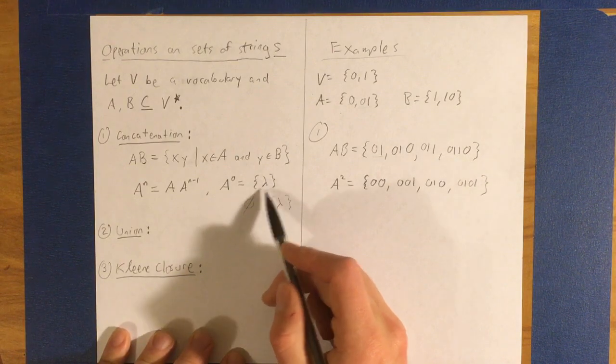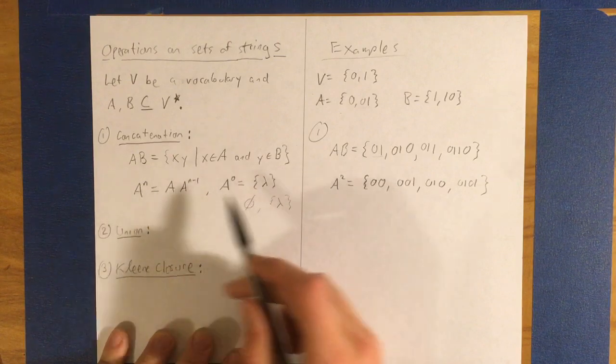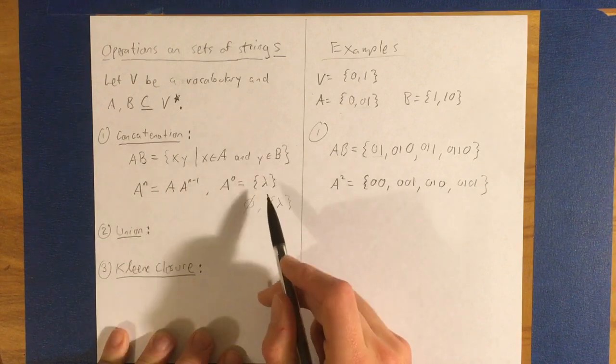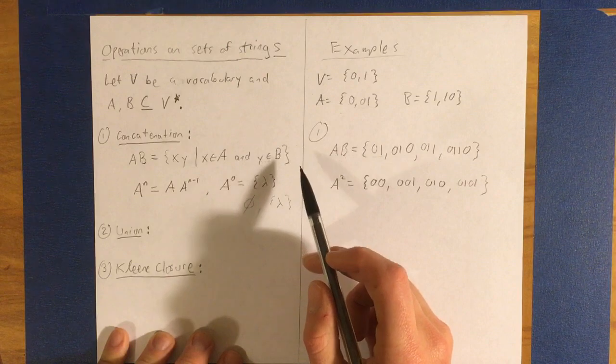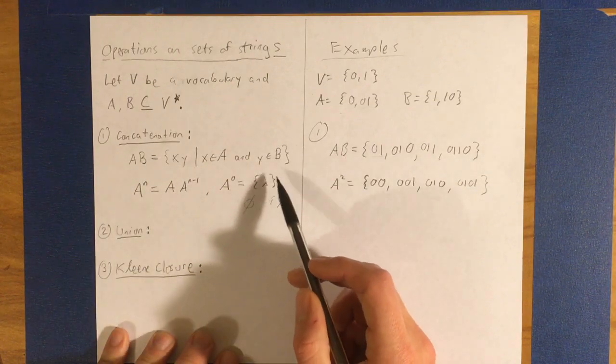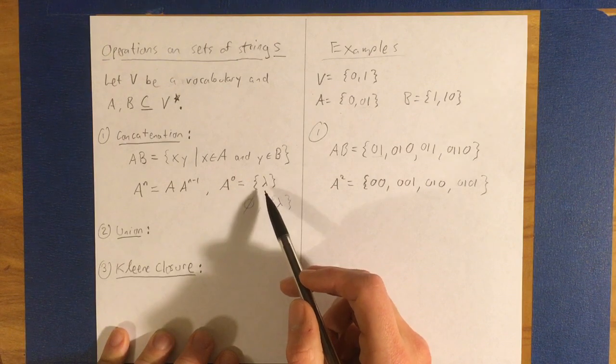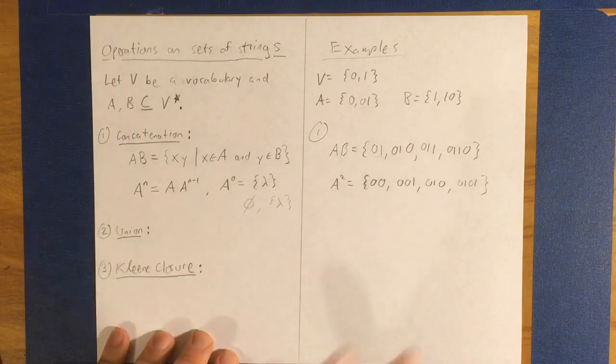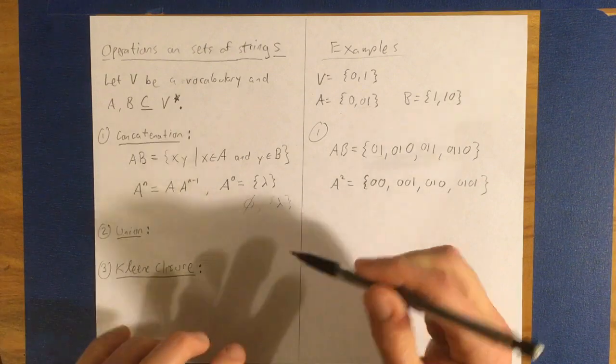So if we have a set containing lambda, if we concatenate another set with that, then that's going to be taking all of the elements from B or whatever, or another copy of A, and concatenating them all with lambda, which doesn't do anything, and it just gives you back exactly the same set you started with. So that's what we want.